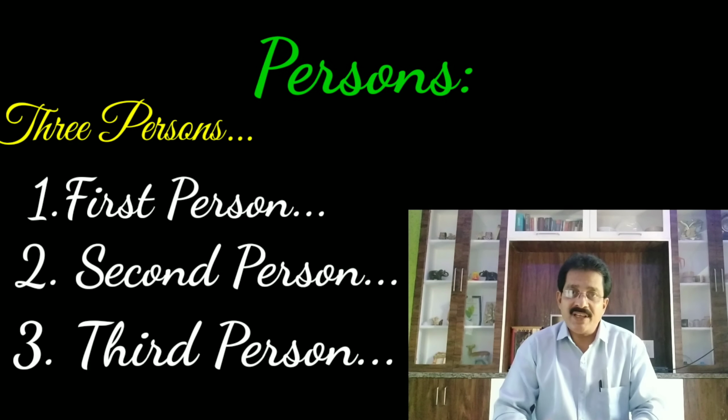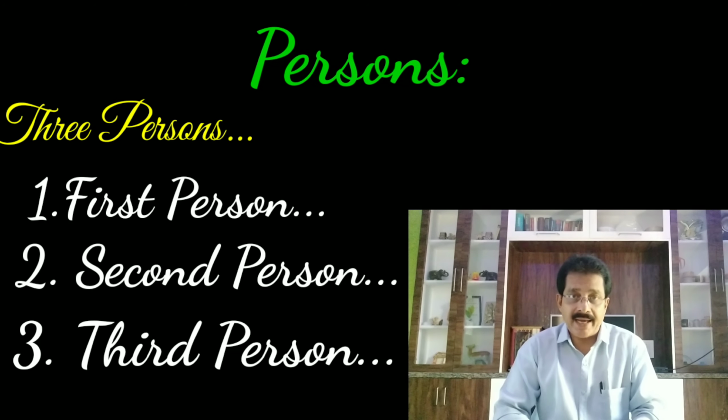Now for each person there is singular and plural. Let me give a table. For example, first person singular, I. There are different cases: subjective case, objective case, nominative case, etc. We will not go into that. I will give you the bare structure of the persons. So first person singular is I and first person plural is we.